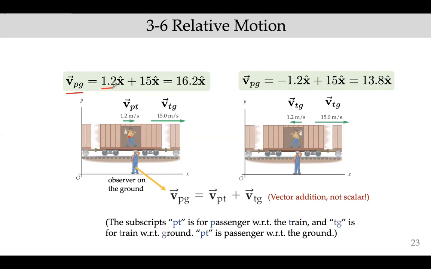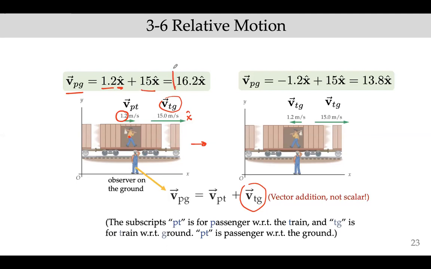It's 1.2 times x hat. Why do we have x hat? Because this direction is the positive x direction. And I have to add now the velocity of the train, which is 15. Again, it's in the same direction, plus x hat. So plus 15 x hat.